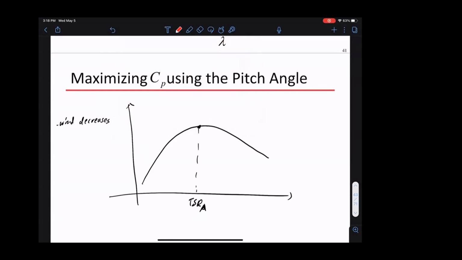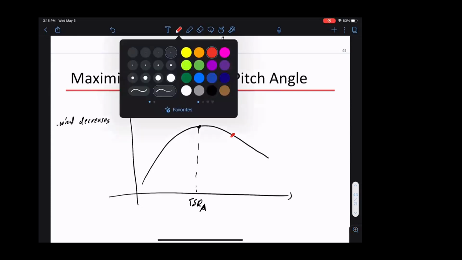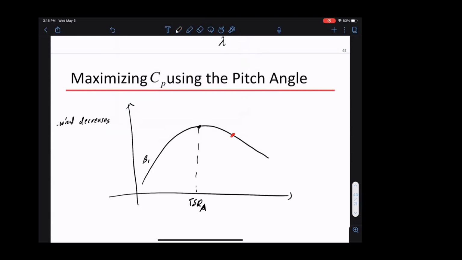So you become higher, but then suddenly this is not the maximum power point anymore. We don't track the maximum anymore. Now we're operating at this red point, which is not as good as before. We're losing power. So what do you do? Before, I said this curve is beta 1.